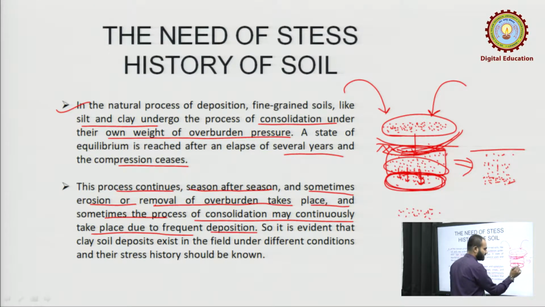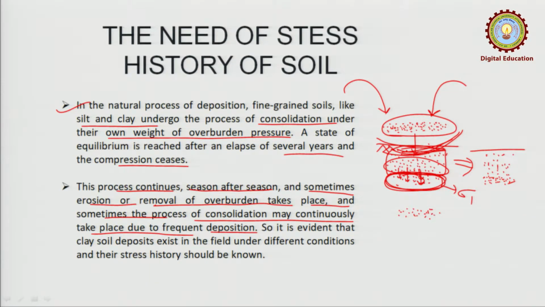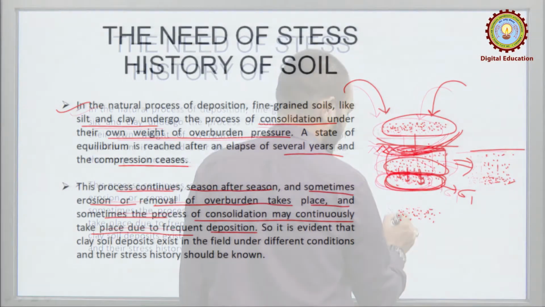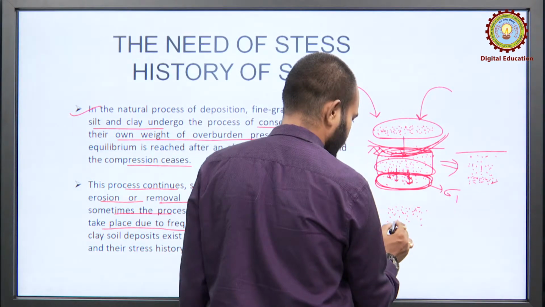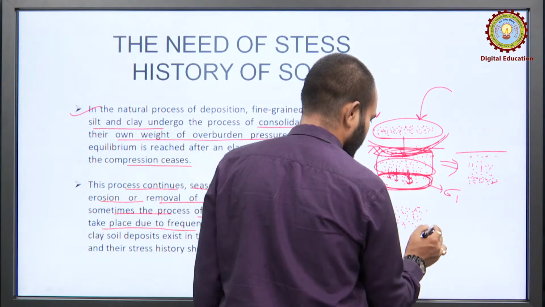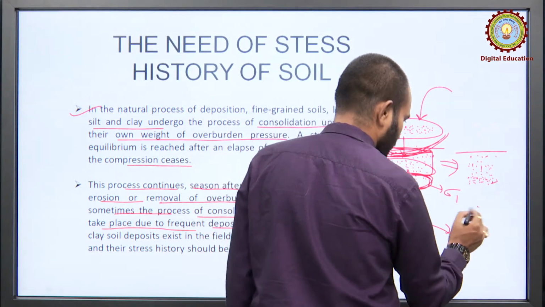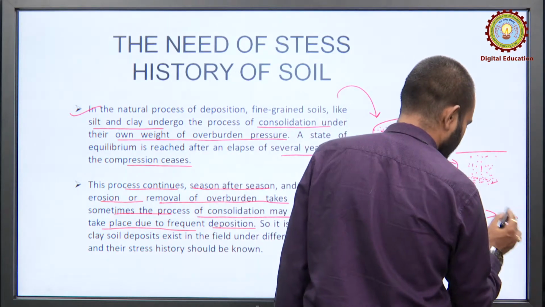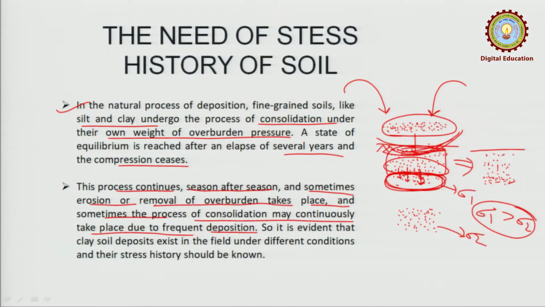If it was first bearing a stress sigma 1, now due to the removal of the top layer the stress will obviously get reduced. Let us say now it is bearing sigma 2. Sigma 1 will obviously be greater than sigma 2. So, it is evident that clay deposits exist in the field under different conditions and their stress history should be known.